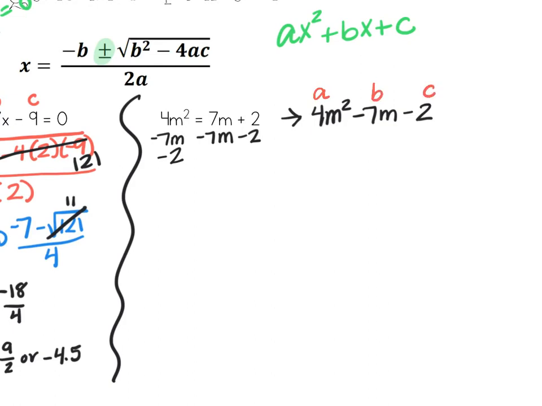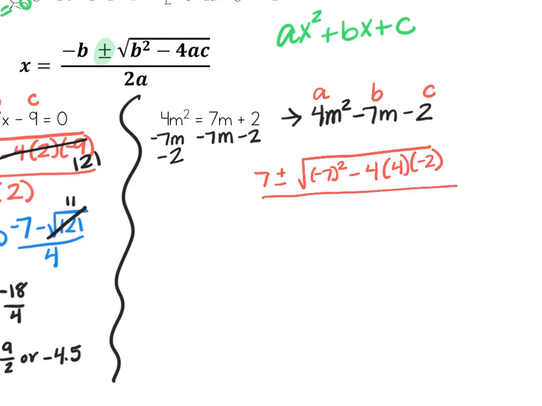And I can start plugging in. So my b is negative 7, the opposite of that is 7, plus or minus the square root of negative 7 squared minus 4 times 4 times negative 2, all over 2 times 4.